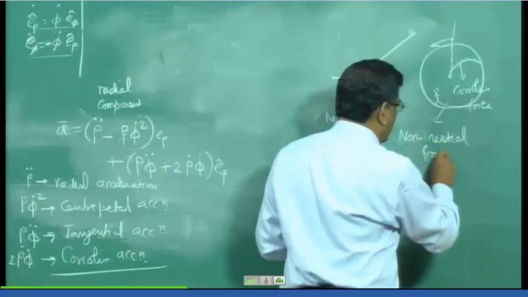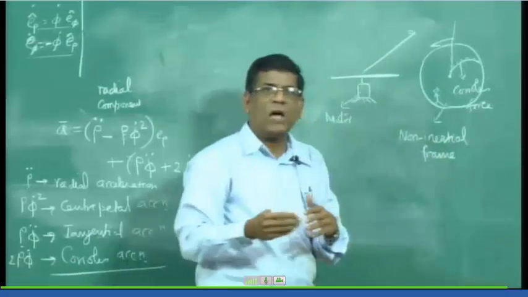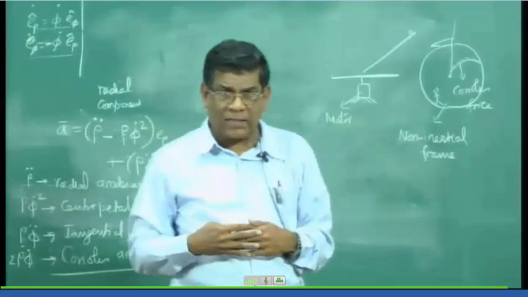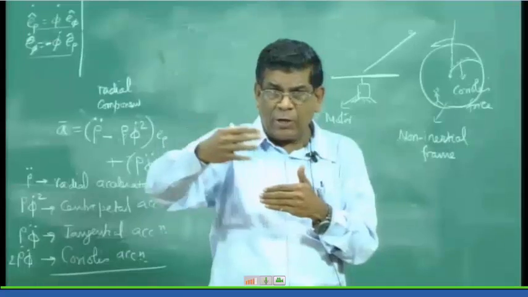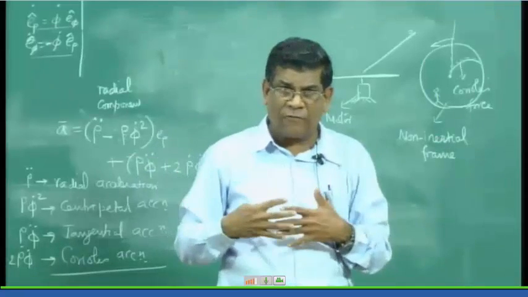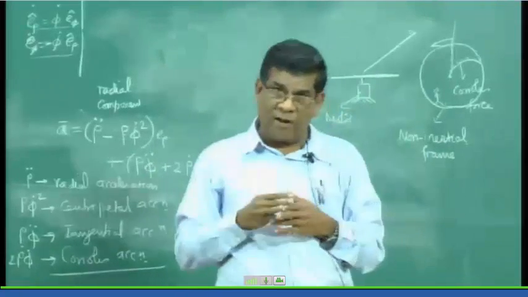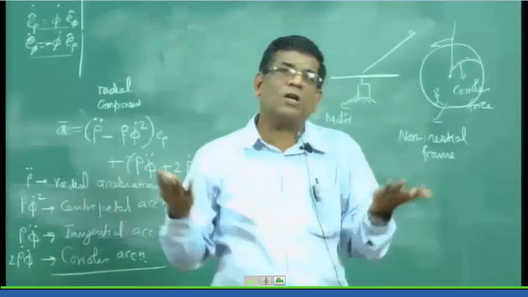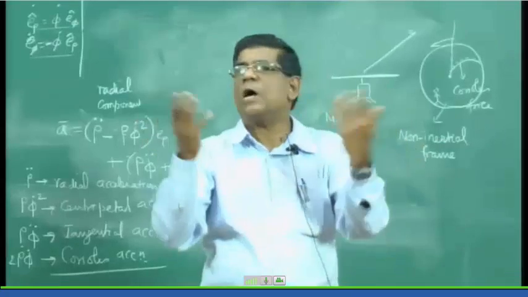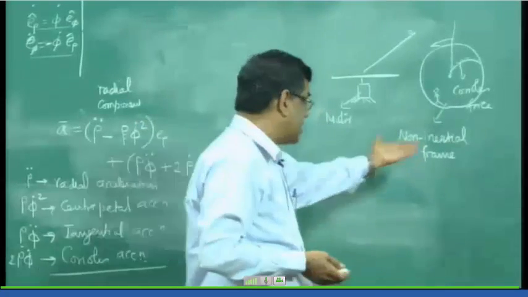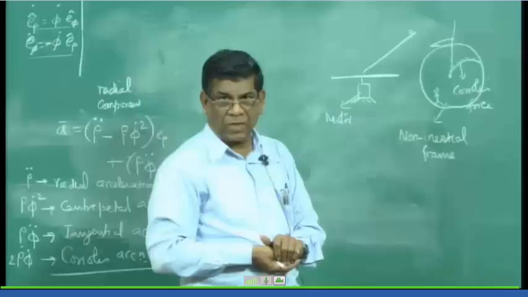What do you mean by a non-inertial frame? Any frame which is accelerated with reference to us is a non-inertial frame. If any frame has a uniform velocity with reference to our frame, then that is also an inertial frame. In an inertial frame, Newton's laws will be valid. In a non-inertial frame, Newton's laws need not be valid because there is an additional acceleration that will come into the game.